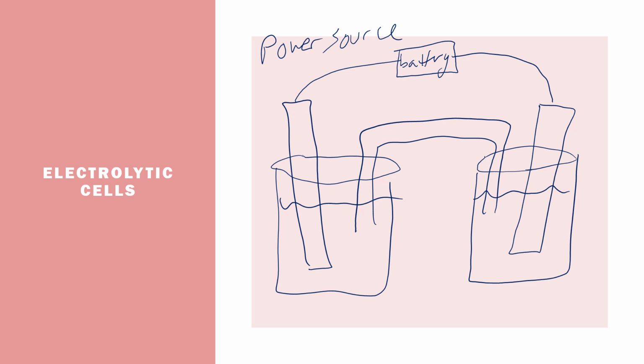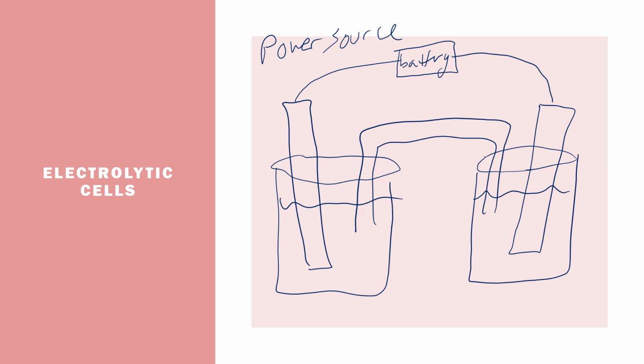We're going to look at factors including current, charge, and time that you apply the power source, because all of that has an effect on how much that electrolytic reaction can happen. And the reaction that happens in electrolytic cells, we call that electrolysis.